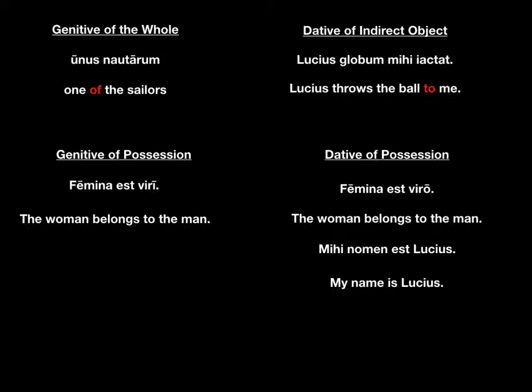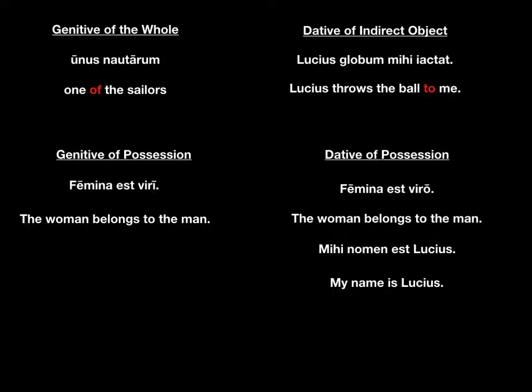It doesn't really matter, though, because you know that most of the time when you've got a form of the genitive, you can stick the word "of" into your translation, and it will most likely make sense in English. So even if you couldn't describe exactly what "one of the sailors" means in Latin or describe it as the genitive of the whole, you still successfully told me what the meaning of the sentence is. The same is usually true of the dative.